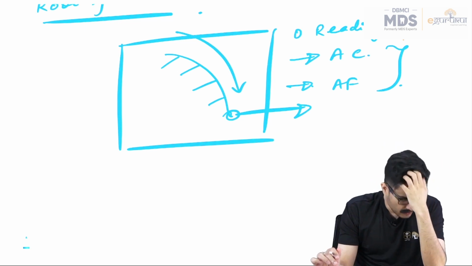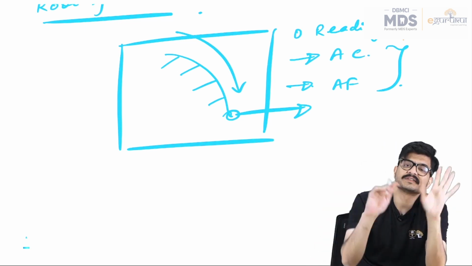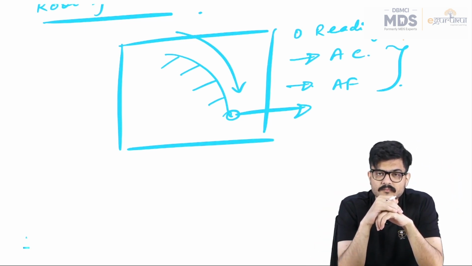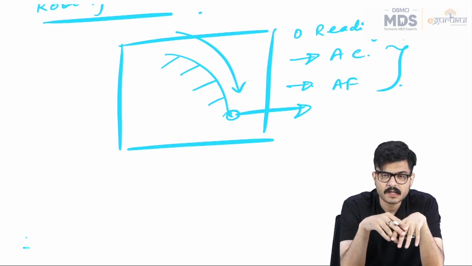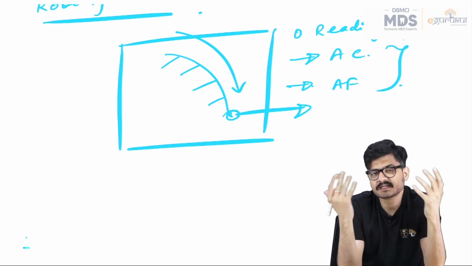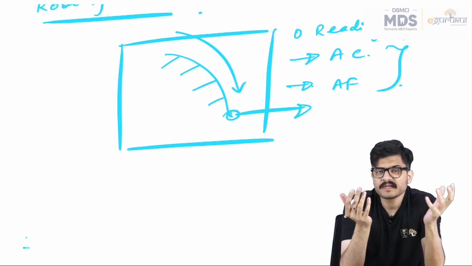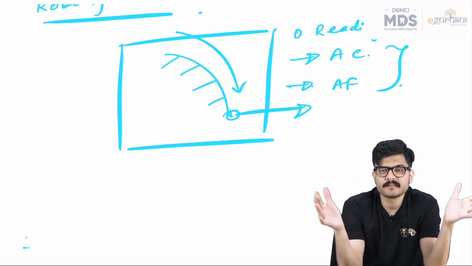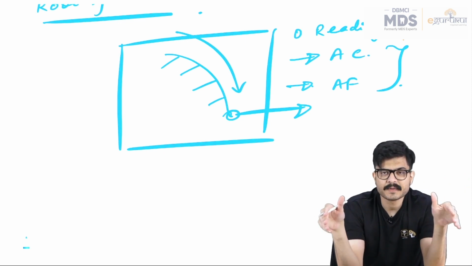See friends, till the apical constriction, the electric circuit will not be really completed because it is surrounded by insulative dentine and cementum.